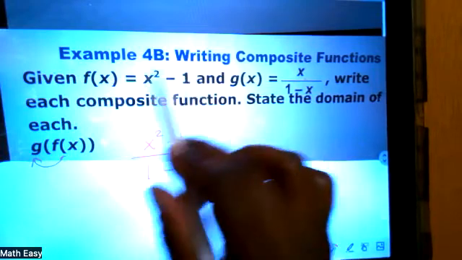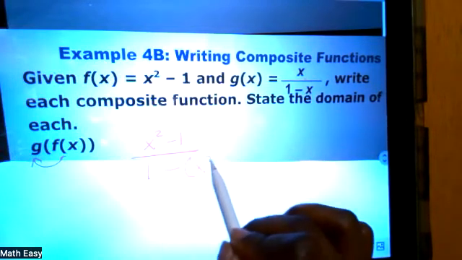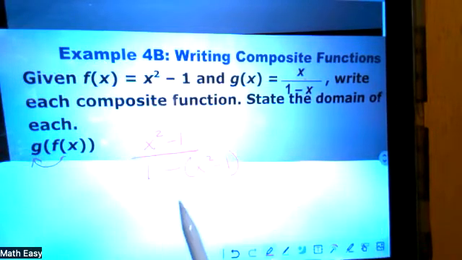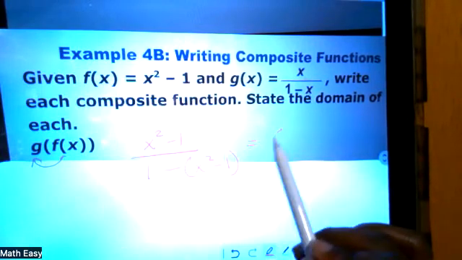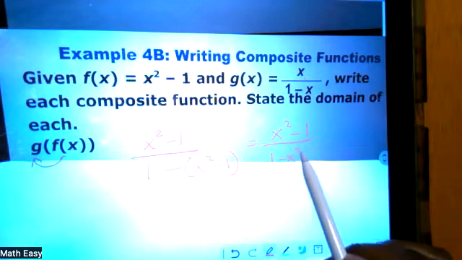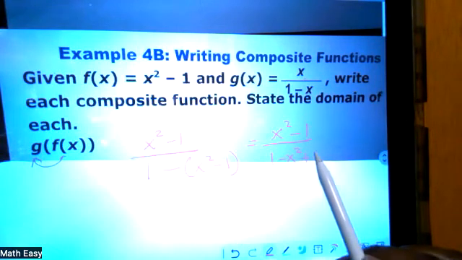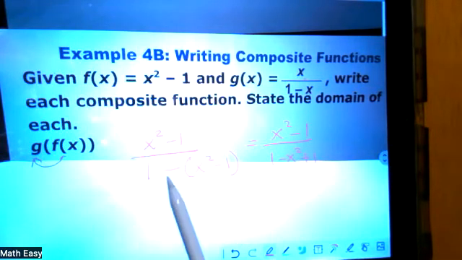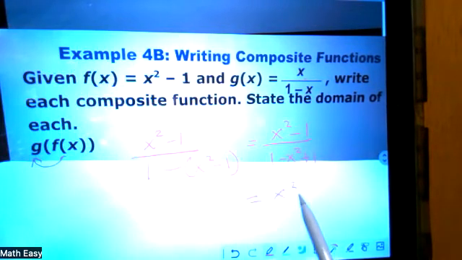Instead of x, we put our f function, which is x squared minus 1. We can simplify that to get 1 subtract x squared plus 1, because that negative and that negative give us a positive. So we have x squared minus 1 over -x squared plus 2.